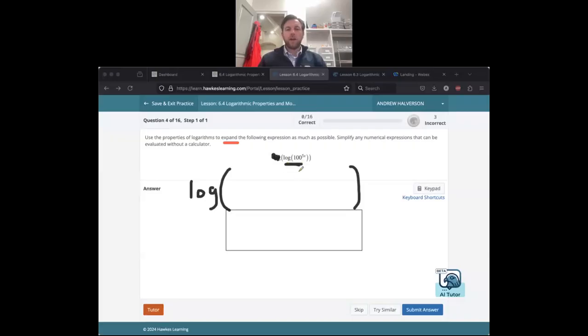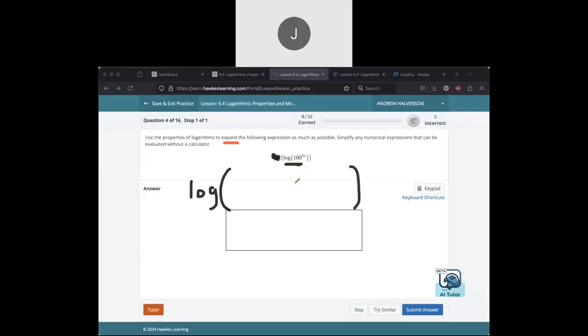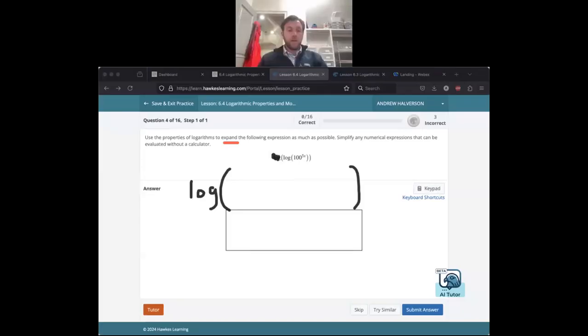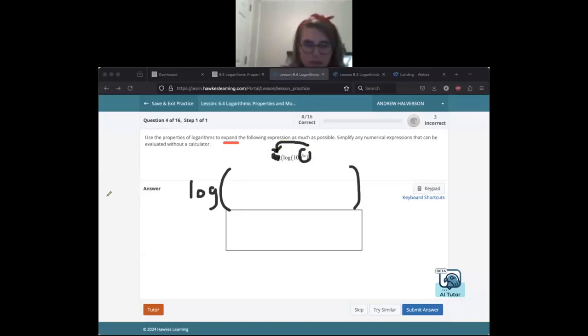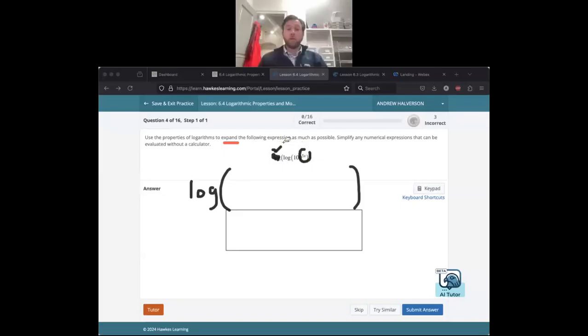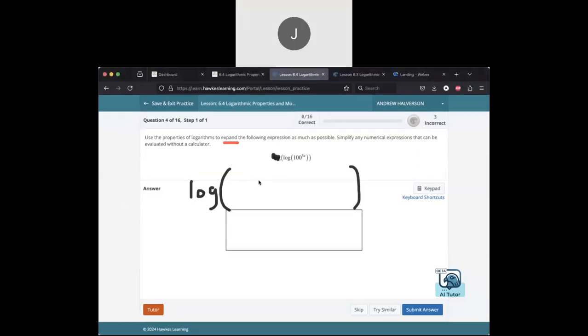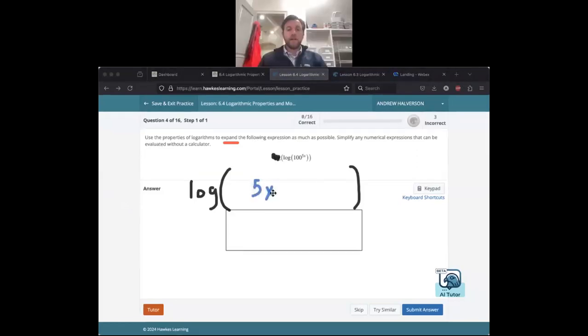If you were just going to break this one up, simplify it, how would you do it? Log to the base of 10. Look at that exponent. What's the exponent? 5x. Bring it in front. That's the power rule. So you take the 5x and put it in front of the log of 100.